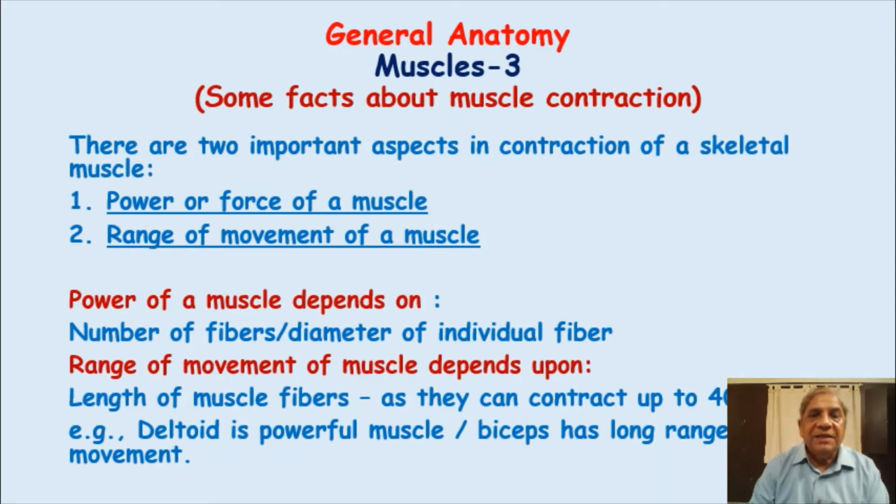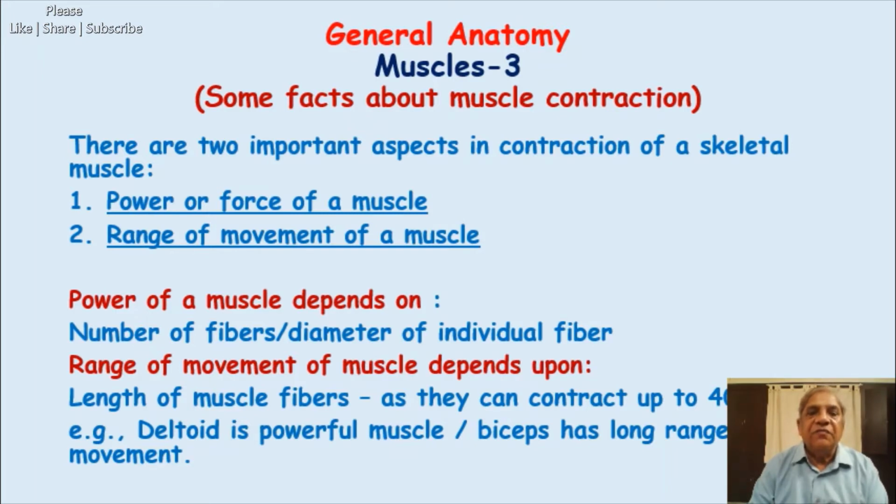The second thing we observe in muscle contraction is the range of movement. We don't need the power, but the range of movement is required. Say, for example, flexion and extension at the elbow joint, where the forearm moves towards the arm in the flexion movement.